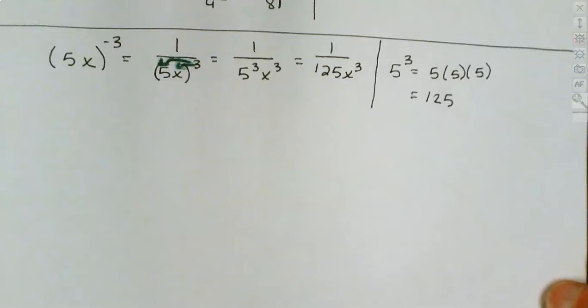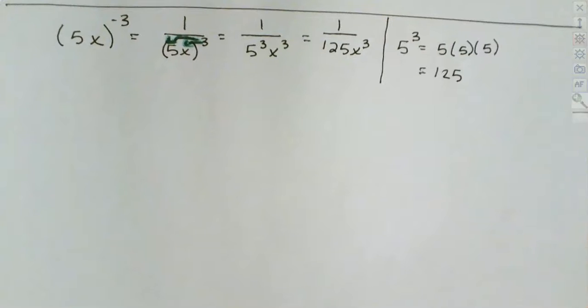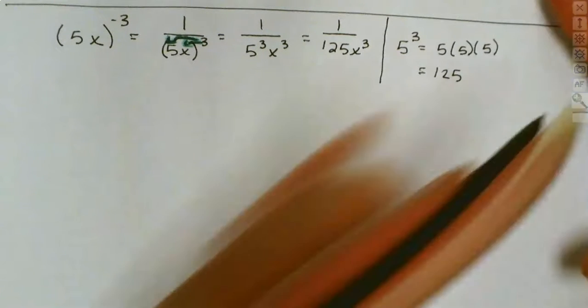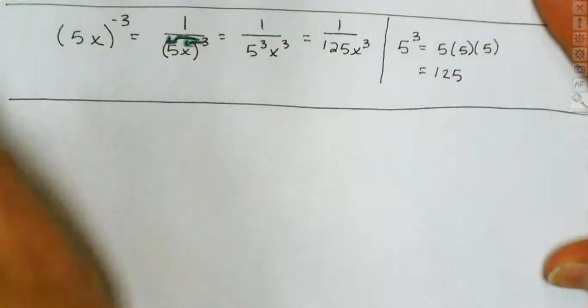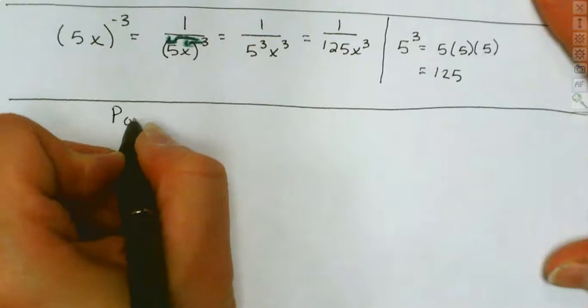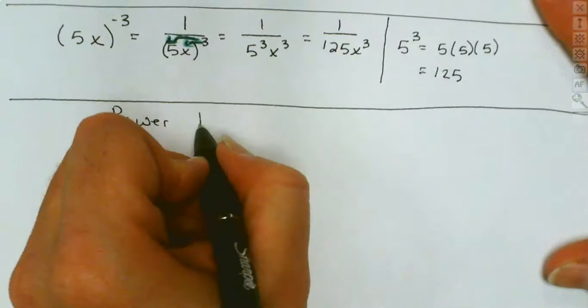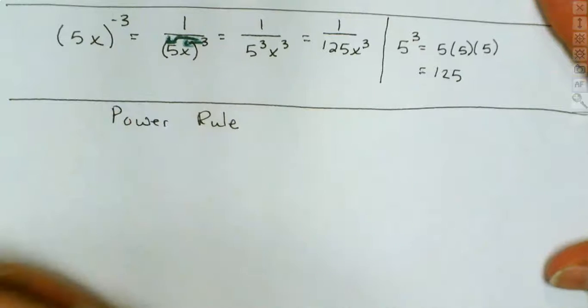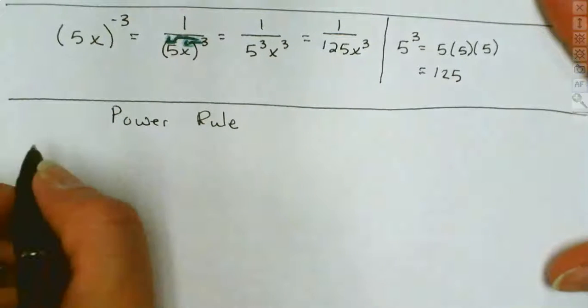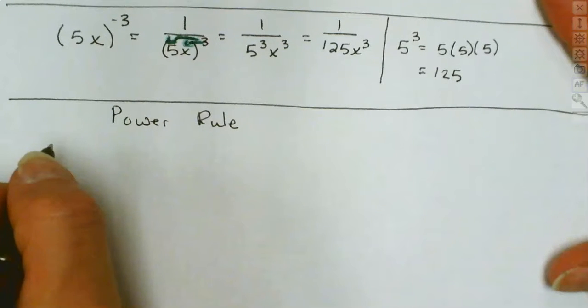So now let's move on and let's look at our power rule. And there's lots of examples of the power rule. Power rule just means you distribute things through. So the power rule says, we'll do the first one.